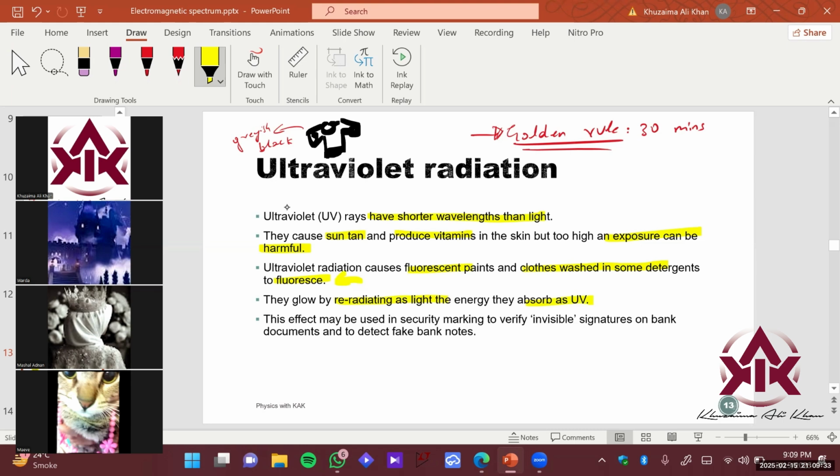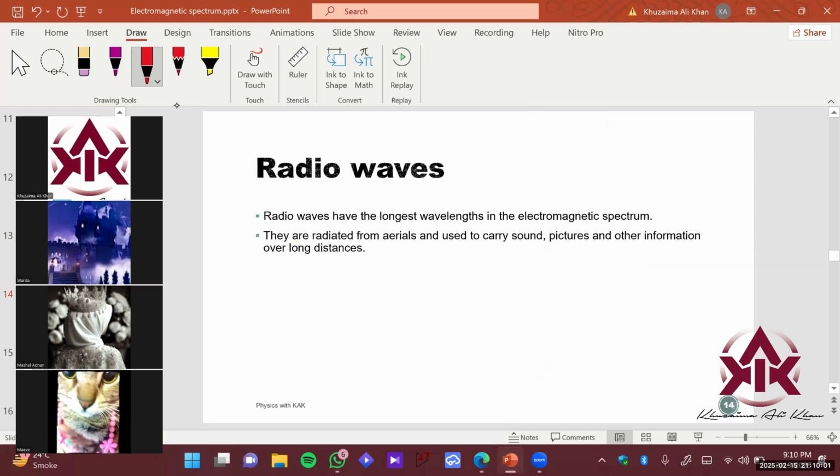This effect may be used in security marking to verify invisible signatures, ठीक है, on bank documents and to detect fake banknotes, ठीक है. If you have watched some detective movies, you might have observed that to catch fake notes, they use UV light, right? Because if you have used fake ink, it would cause it to decolorize, and you can just note के note fake है या real है, ठीक है. So again, useful effects also and harmful effects also, right?